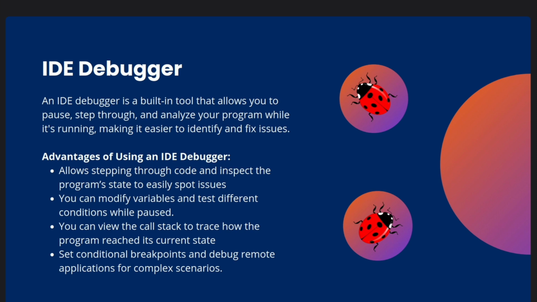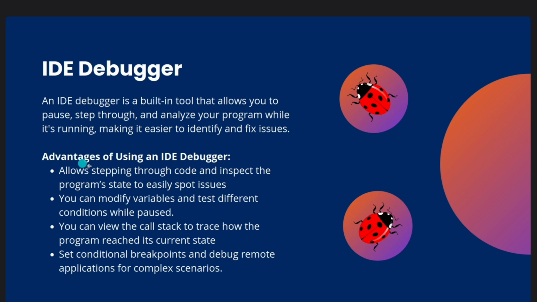However, it's the same for all IDEs. It's just that the UI may be different. So basically, this is a built-in tool that allows you to pause, step through, and also analyze the program while you are running it. I gave the disadvantages of print statements.